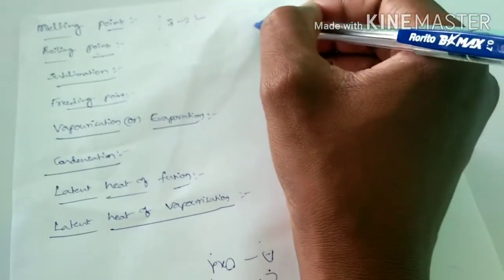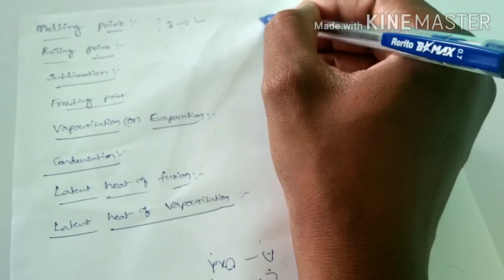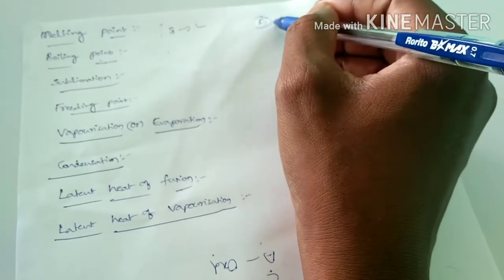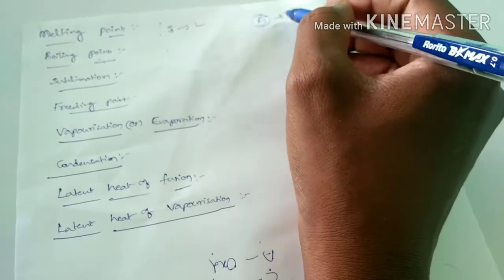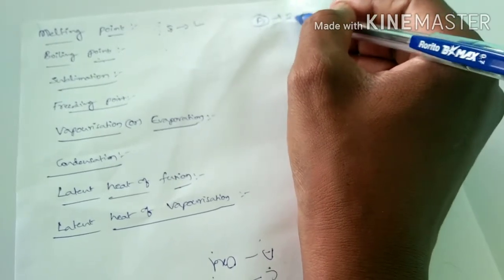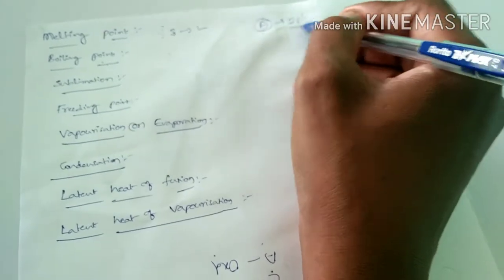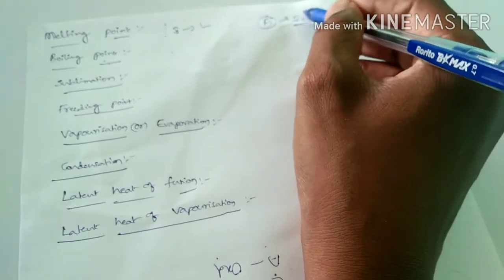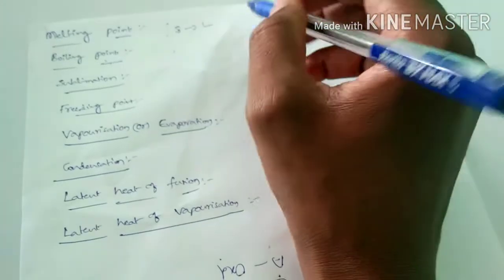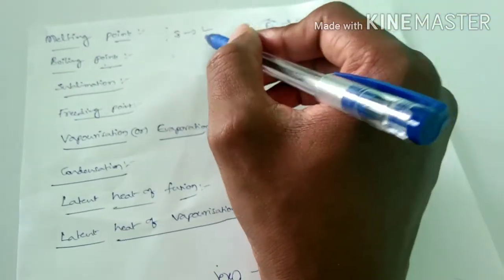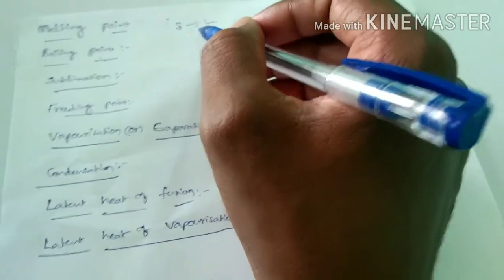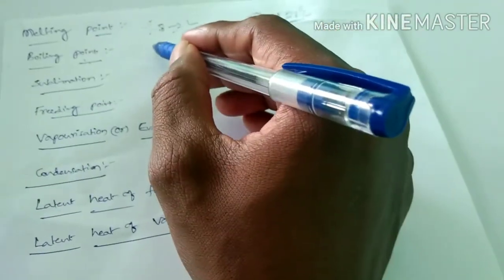Suppose I take A. This is solid substance. Suppose when it is converted into liquid at 28 degrees temperature, then this 28 degrees temperature is considered as melting point of A. So the melting point definition is the temperature at which solid is converted into liquid is called melting point.